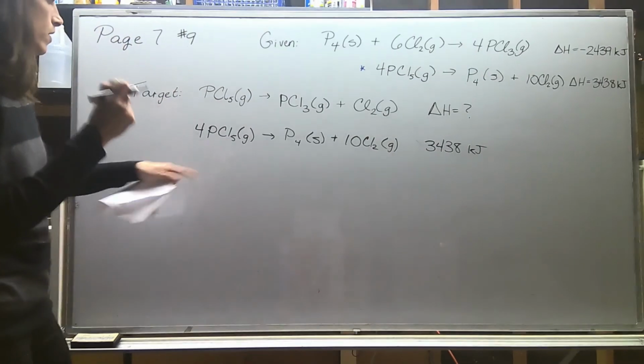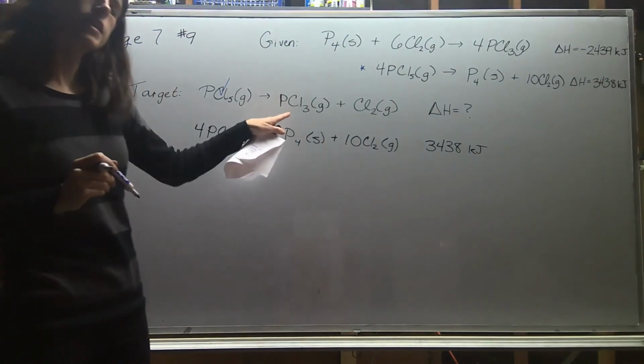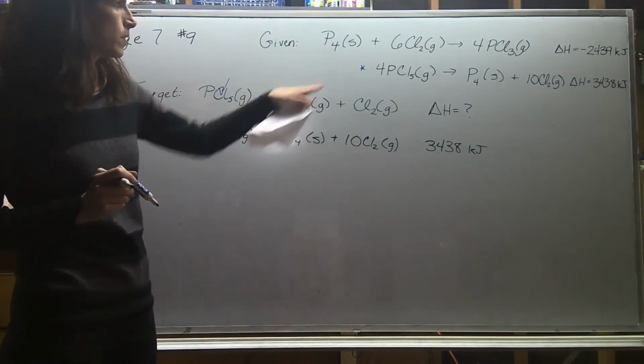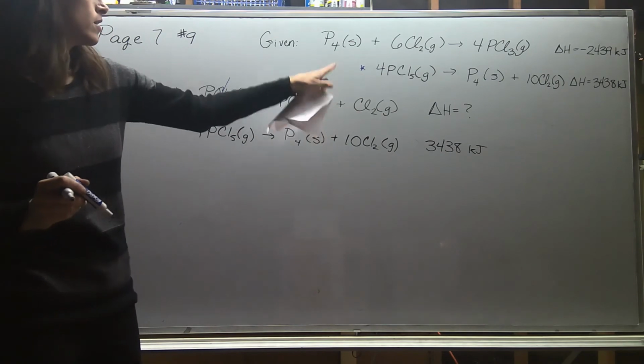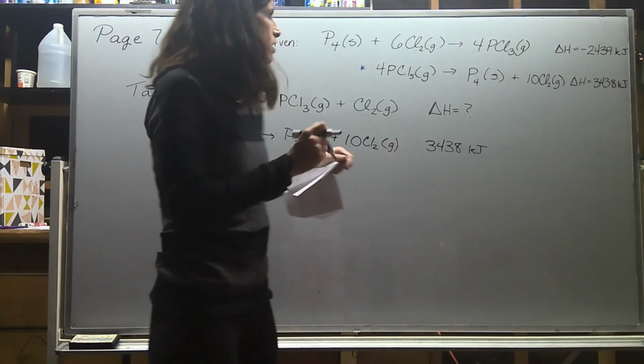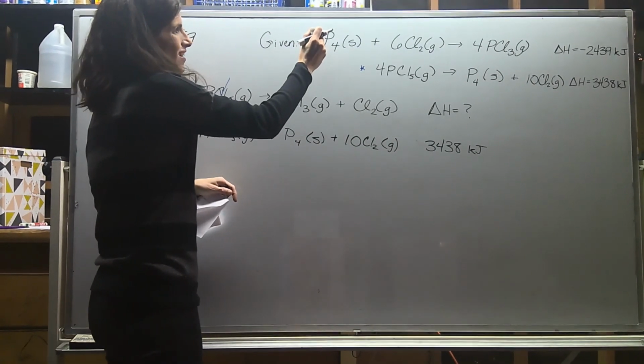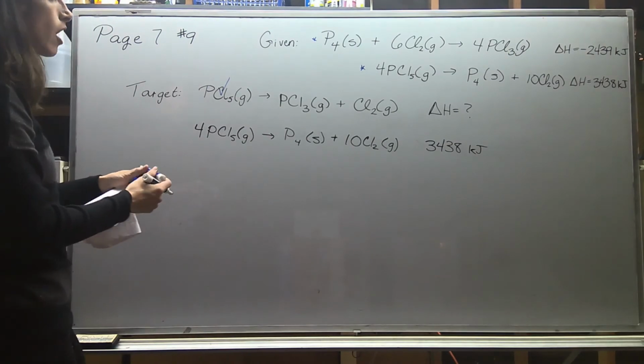So now I took care of phosphorus pentachloride. Next thing I need is phosphorus trichloride. And it looks like this equation here will give us phosphorus trichloride on the product side. Again, I don't need to flip it or anything. Let me just copy it down.